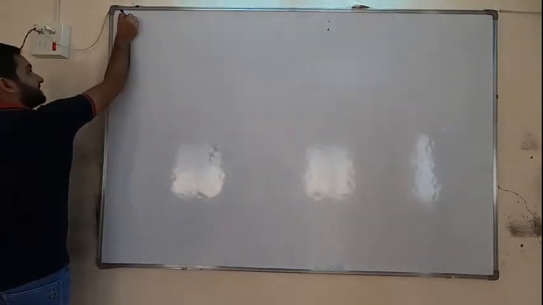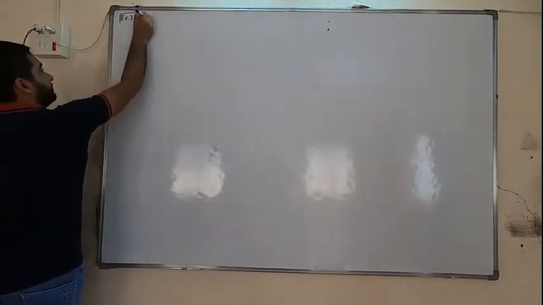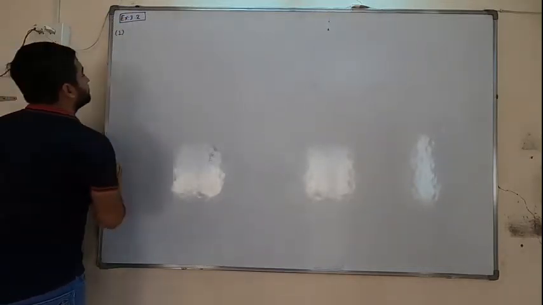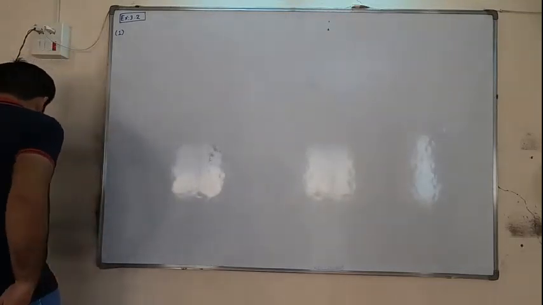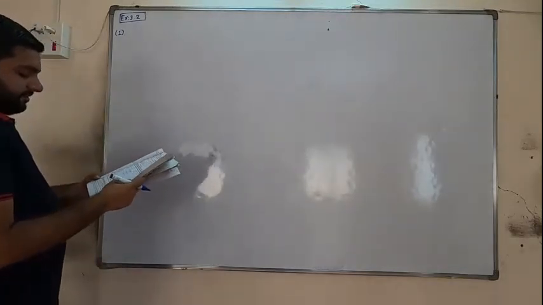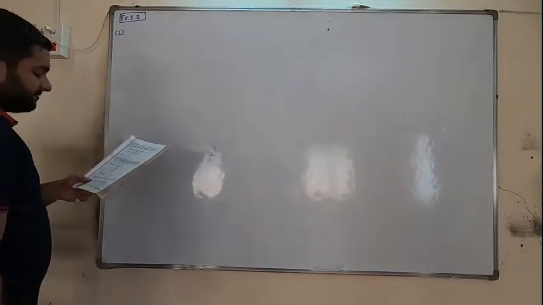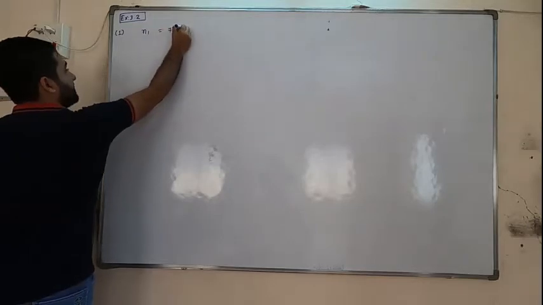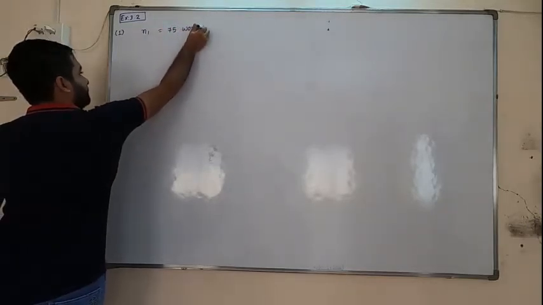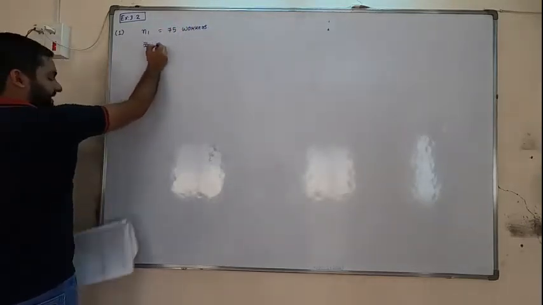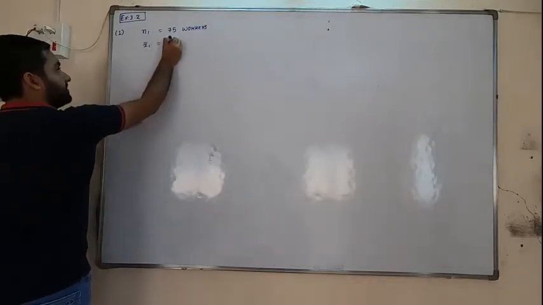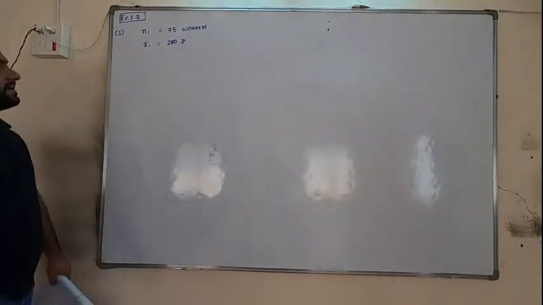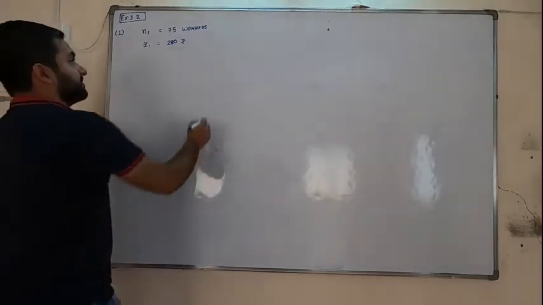So we are in exercise 3.2 and solving sum number 1. Now first type of data is skilled workers. The mean daily wage is paid to 75 skilled workers. So number of workers n1 is 75 workers, and their mean x1 bar is 280 rupees.